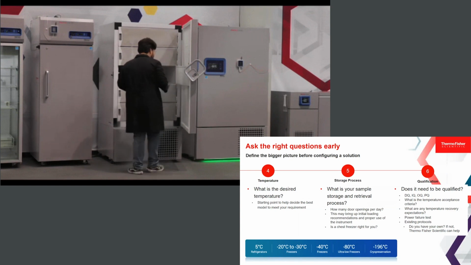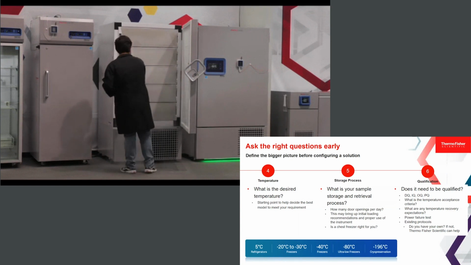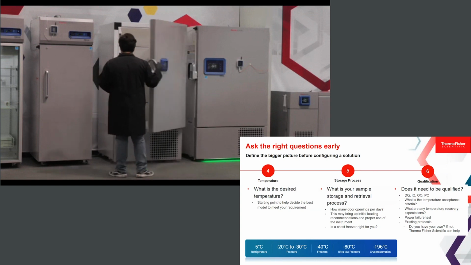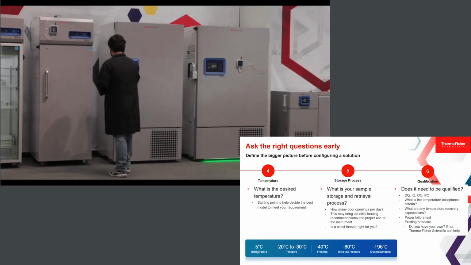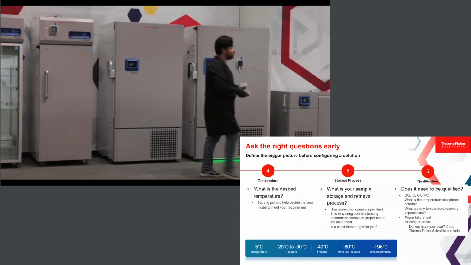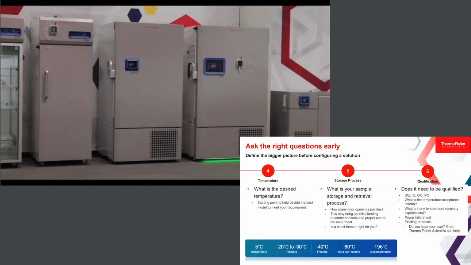So you want to think about the format. Maybe having a really big freezer like that -80, if you're in and out so often, it might take longer to recover to temperature. Maybe 2 smaller ones might be a better solution if you have a very, very busy freezer, or maybe thinking about long-term versus short-term storage and splitting it up into 2 or multiple units. So just a few things to think about.